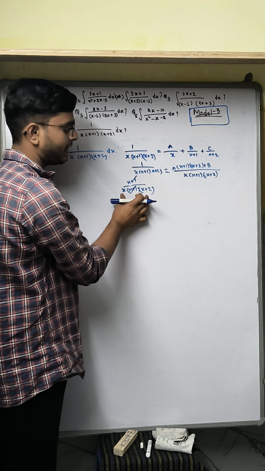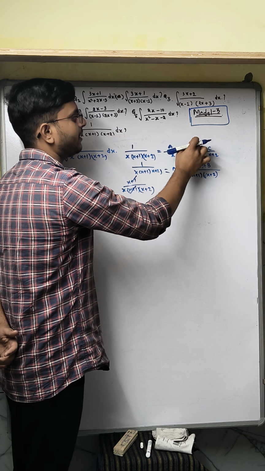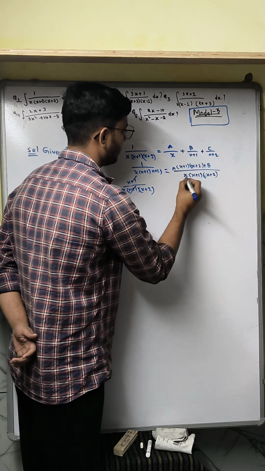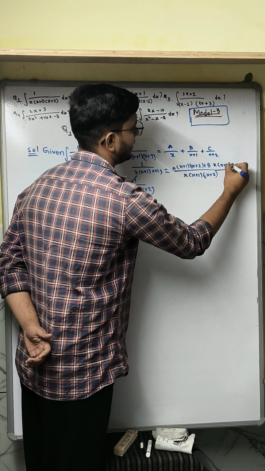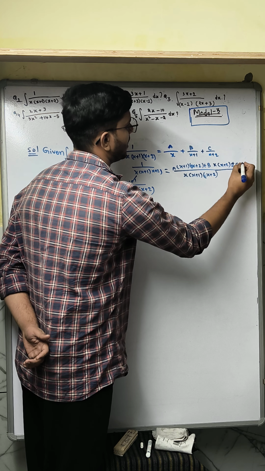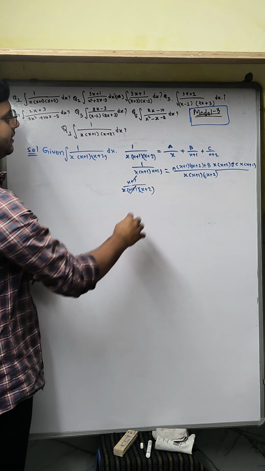Then what remains? x into x plus 2. We have to multiply that into the numerator. Then plus C into x into x plus 1.